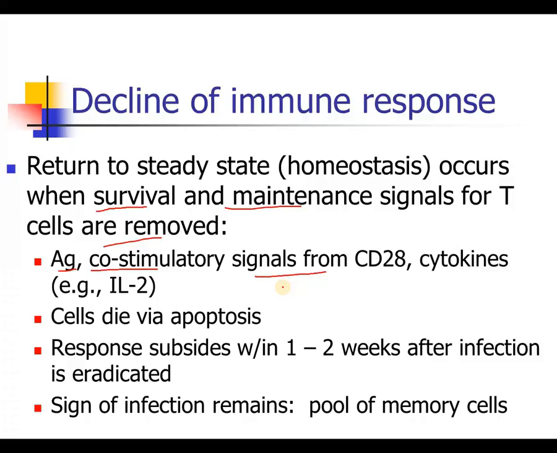Cytokines like T cell growth factor, IL-2, will be removed because we no longer have antigen around to activate the system. The cells that were responding will do their jobs until they no longer see antigen, and then they'll die via apoptosis. Typically, a response subsides within 1 or 2 weeks after the infection is eradicated. But of course, you will have a sign of the infection remaining, and that is the pool of your memory cells.